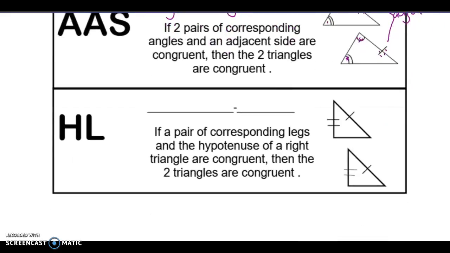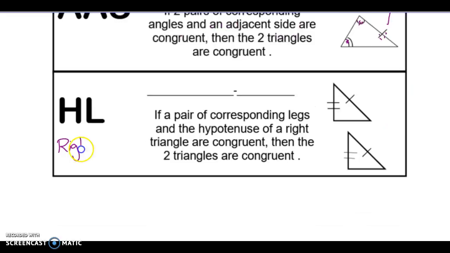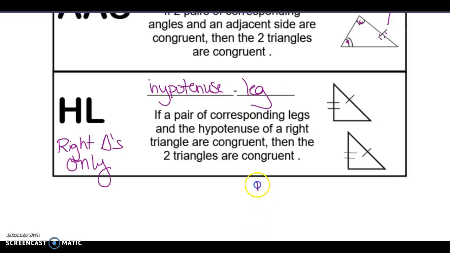All right. And the last one has to do with right triangles only. Okay, right triangles only. And so this one is called your hypotenuse leg. Okay, and remember your hypotenuse is the side opposite your right angle. So if these two are my right angles, this side is my hypotenuse.